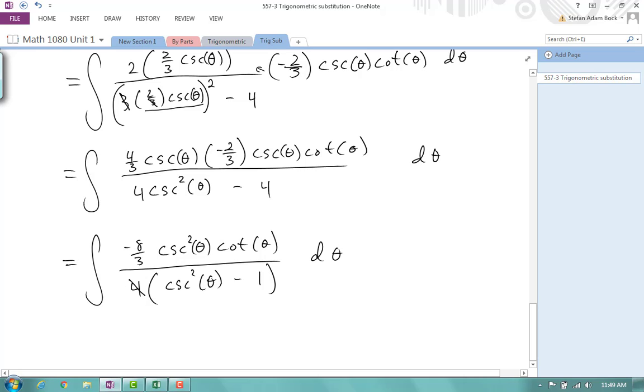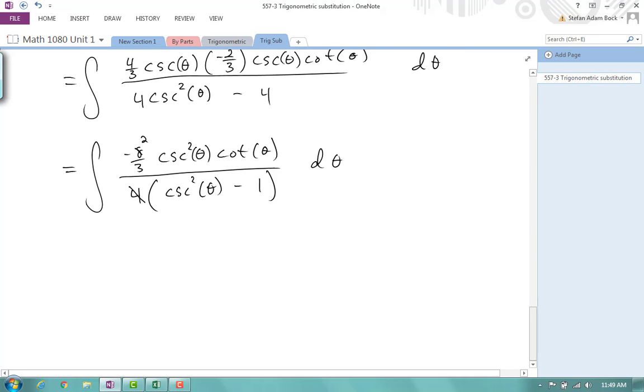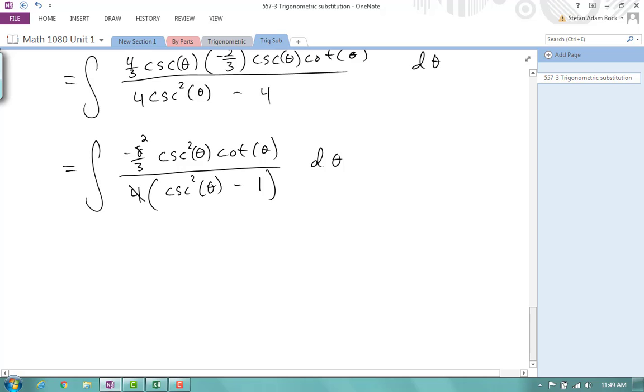And sure, we can cancel this 4 and this 8 to leave ourselves with a 2, but what's most important is this cosecant squared of theta minus 1. That's one of our Pythagorean identities: 1 plus cotangent squared of theta is equal to cosecant squared of theta, or cosecant squared of theta minus 1 will be equal to cotangent squared of theta.